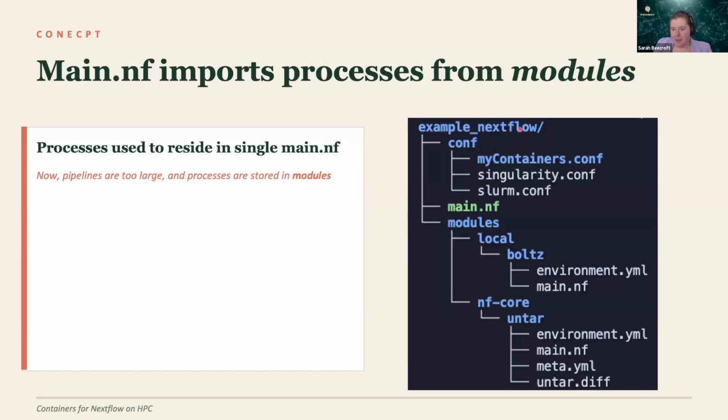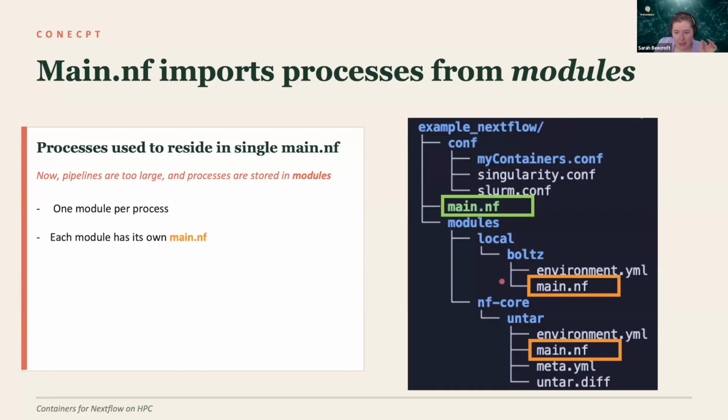So this is what the directory structure might look like. I've git cloned this example Nextflow pipeline, and I can see that I've got my conf, which is short for config, and it contains my various config files. I've got the primary main.nf, but I've also got these modules, and each module also has a little main.nf. You have one module per process generally, and each module has its own little main.nf.